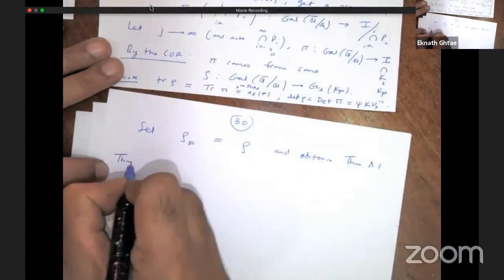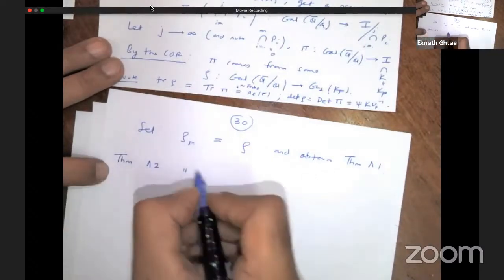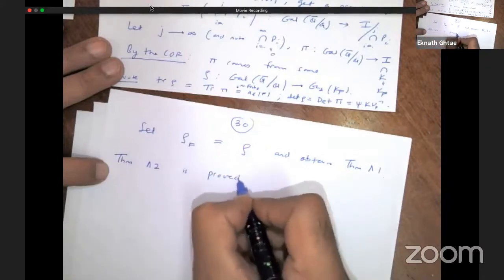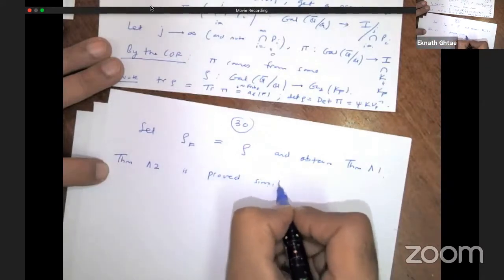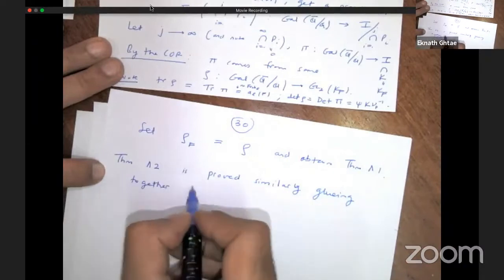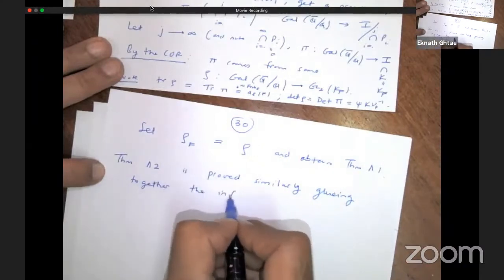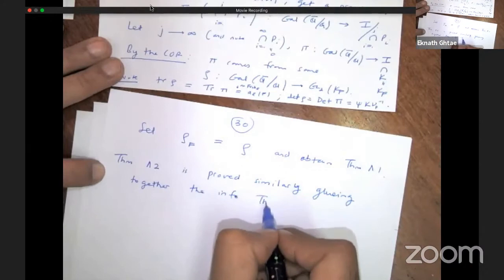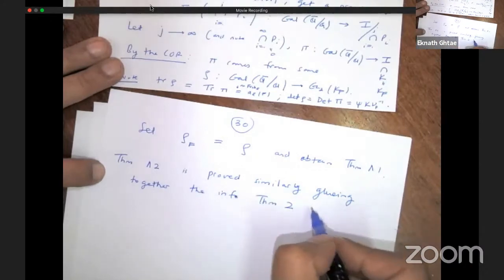Remark, theorem lambda 2 is proved similarly, gluing together the information provided by theorem 2 for all arithmetic primes.